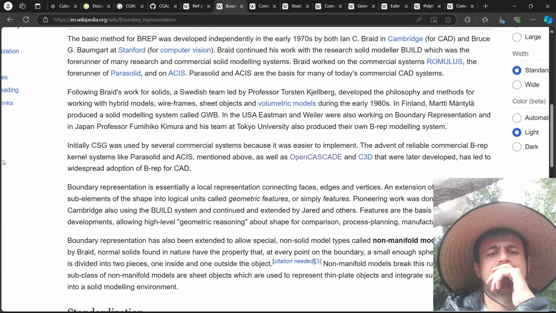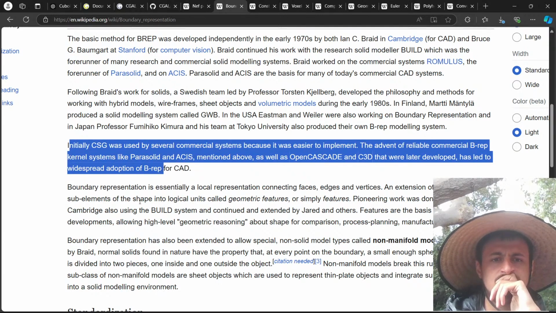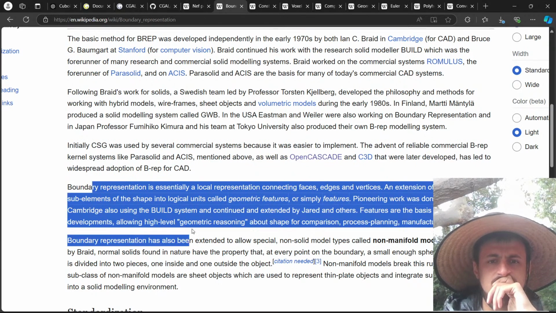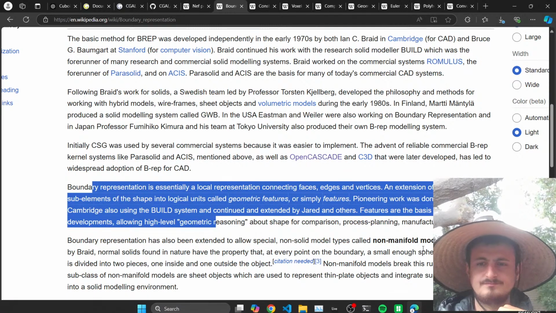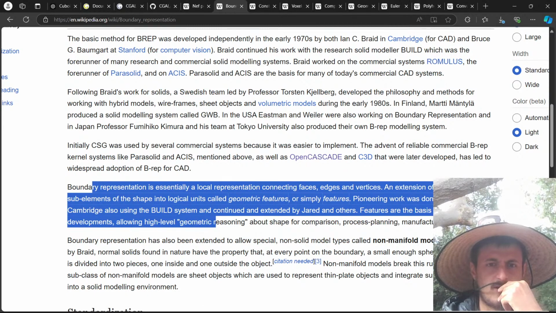So, boundary representation is essentially a local representation.